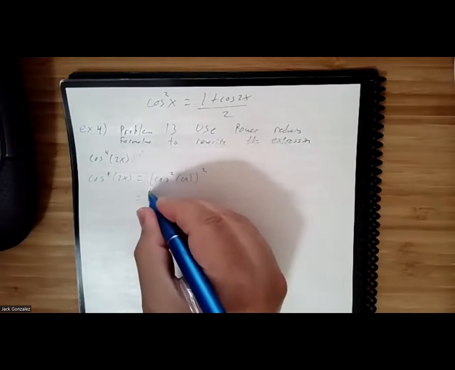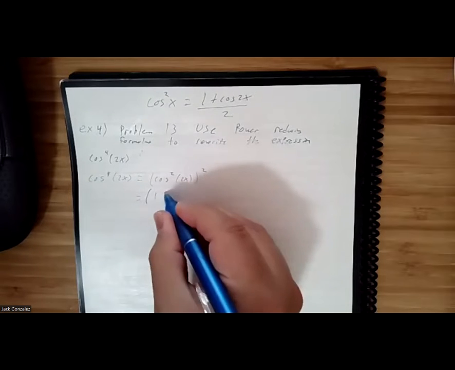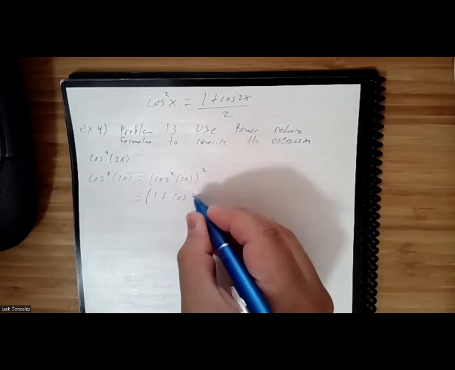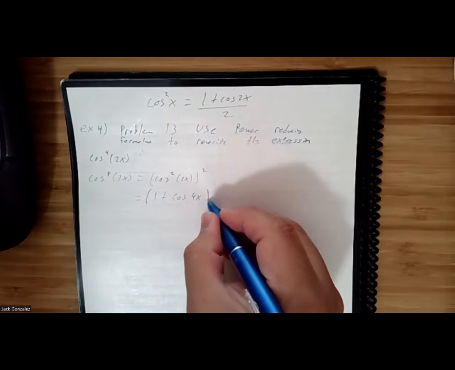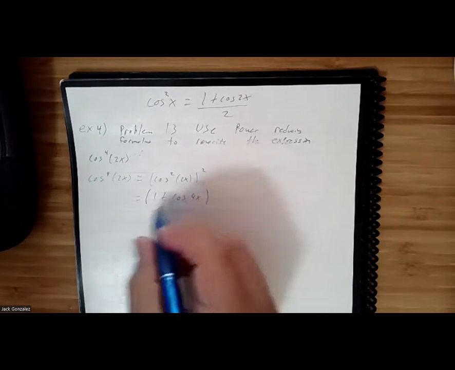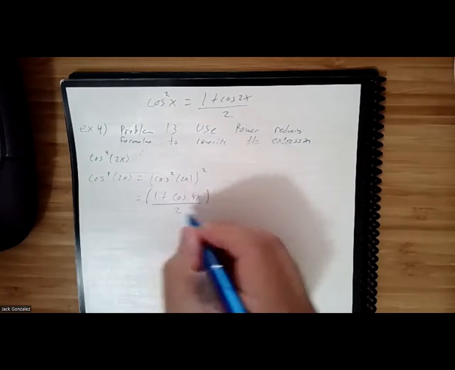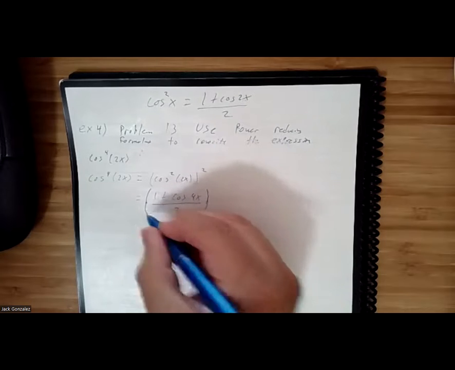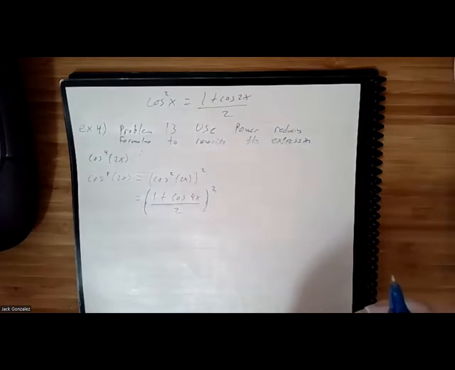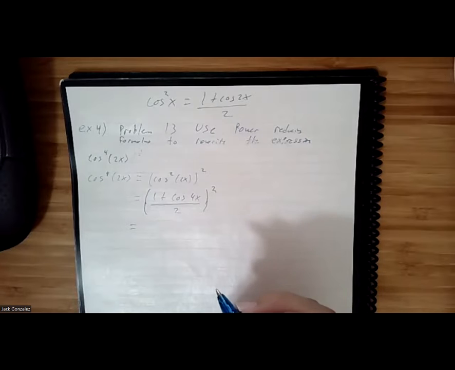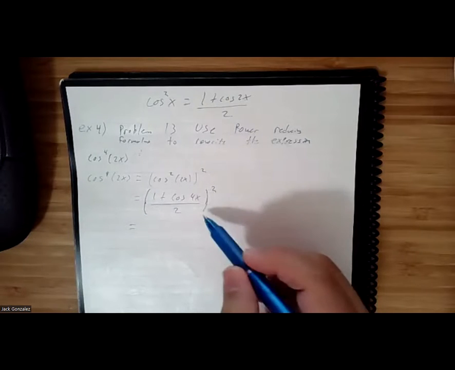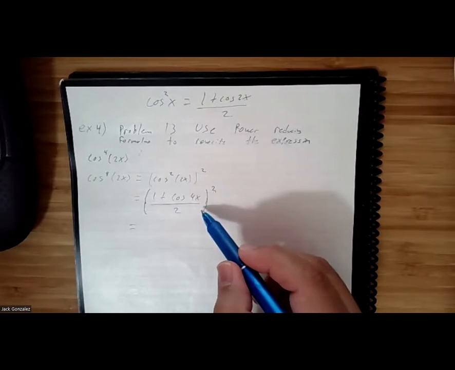Which becomes a 4x. So see how it goes from 2 to 4. Squared. Okay, so then you have to FOIL the top, and you have to square the top and the bottom.